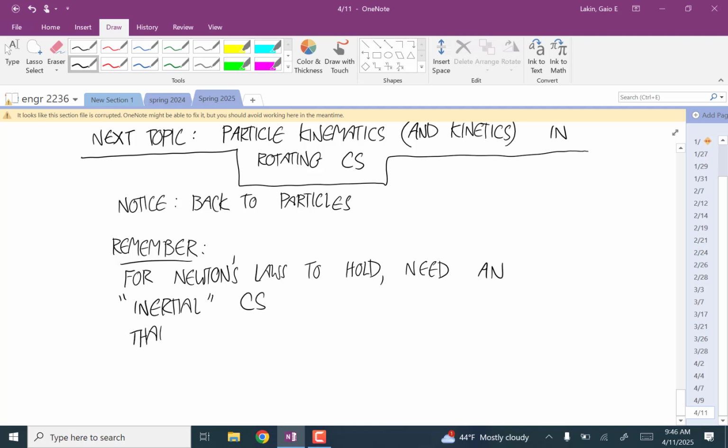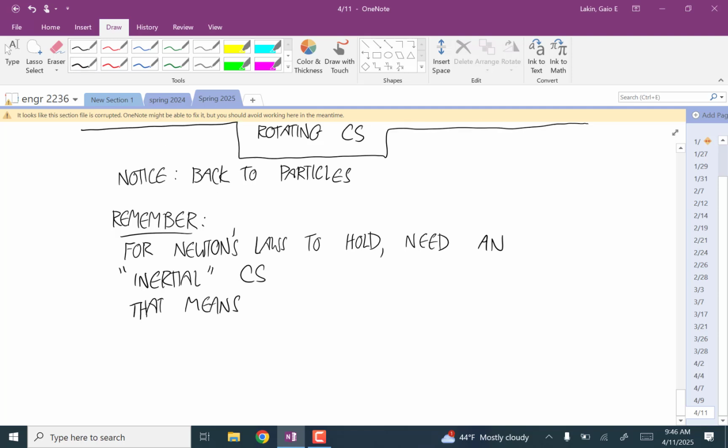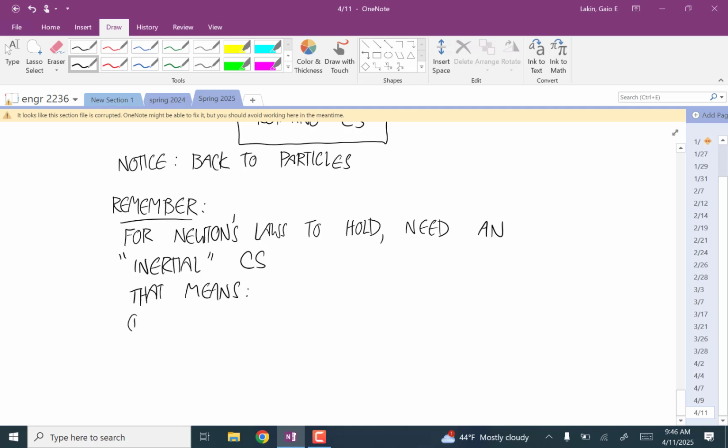And so what does that mean? There are two requirements for a coordinate system to be inertial. Anyone remember what they are? Not accelerating and not rotating. Perfect. So that means the origin is not accelerating. And the axes are not changing orientation in time, so not rotating.